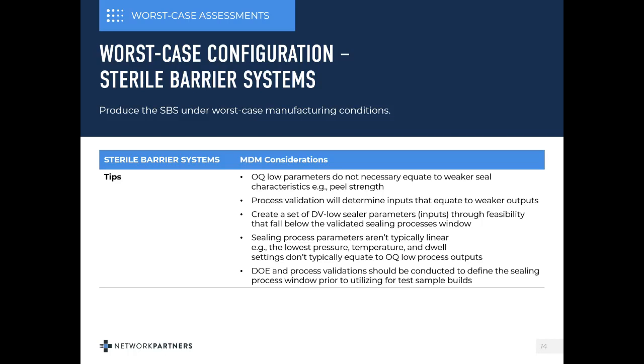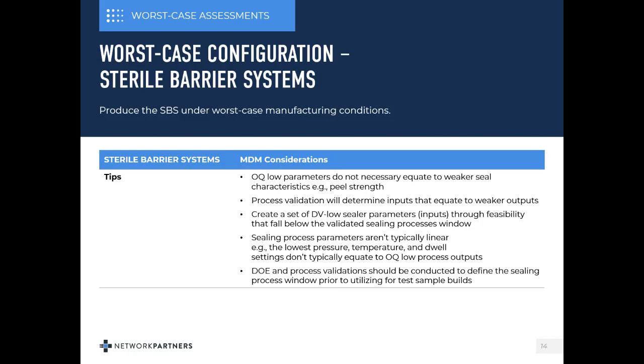Here's all the data in the test report to say I feel confident enough that there's going to be no issue, because we've proven out through performance testing at the weakest of the weak that you're still going to maintain sterility. And then you go through that whole process to move the product forward. So that helps a lot too.